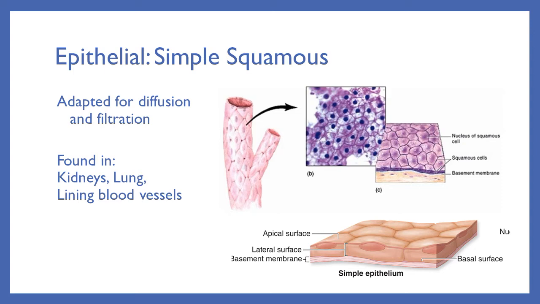We find these in our kidneys, our lungs, and lining our blood vessels. Being so thin, they allow oxygen to diffuse across the cell into your blood vessels. We also line our blood vessels in the body, and it allows that oxygen to come out of the blood vessels into the surrounding tissue. Thus, the function of it is based on its form, the fact that it's so flat.